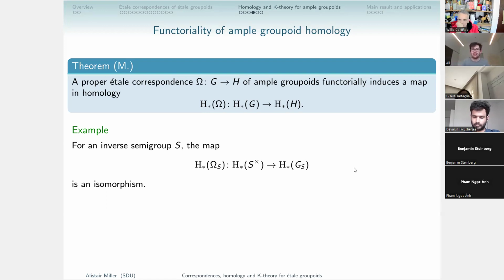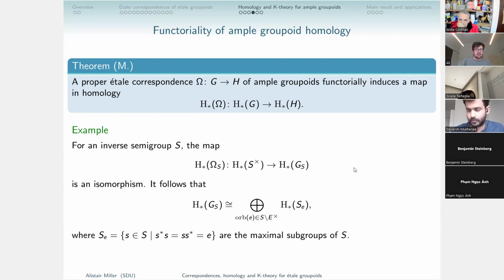This is actually induced by some correspondence. So we can see it on a more synthetic level as well. So this gives you a homology computation of the universal groupoid, because this discrete groupoid here will just break down into all of the maximal subgroups up to Morita equivalence.